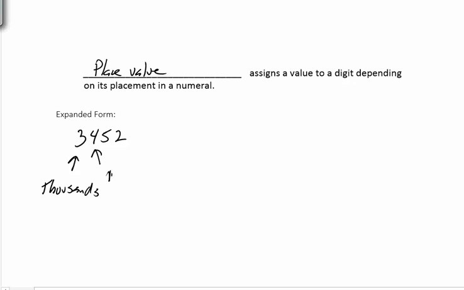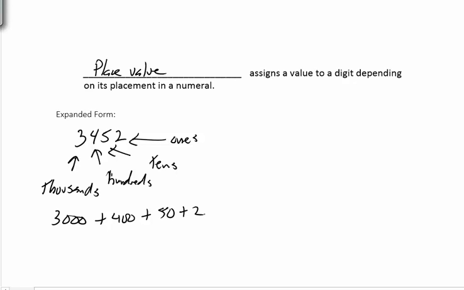This we refer to obviously as the hundreds. The 5 in this particular example would be the tens position, and this would be the ones position. So literally 3452 means we're looking at 3000 plus 400 plus 50 plus 2.